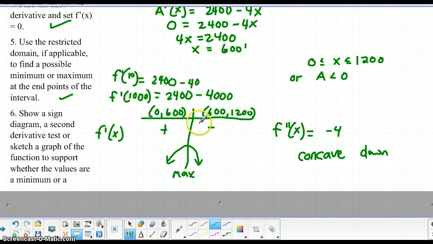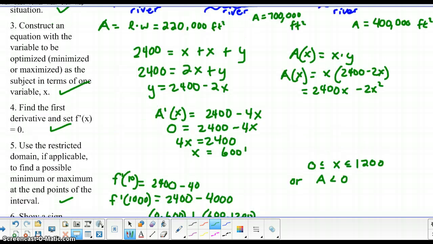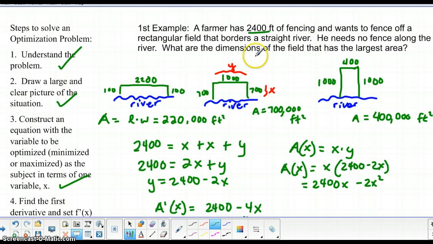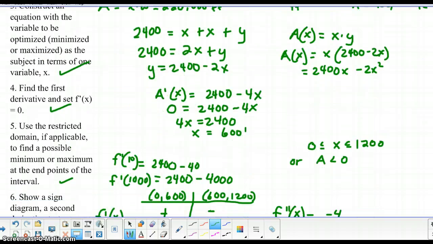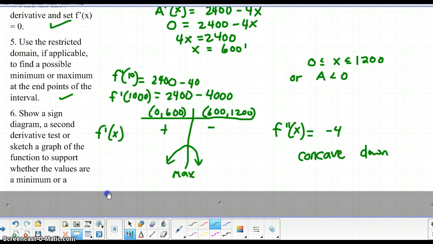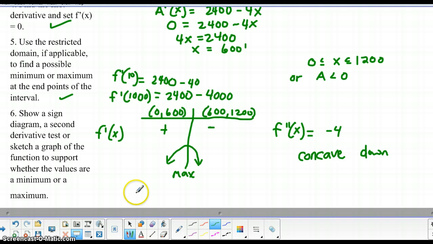But wait, we have to go back up to our question. We aren't finished. They want to know the dimensions of the field. And I'm curious to know what the area is too. We don't have to write that, but they want to know our dimensions. So we go back to our original problem, and we know that our perimeter is 2400, and it's 2x plus y.